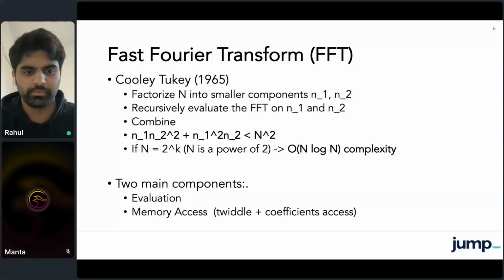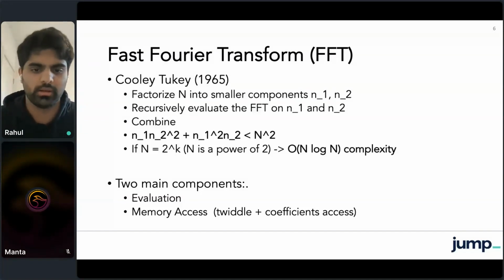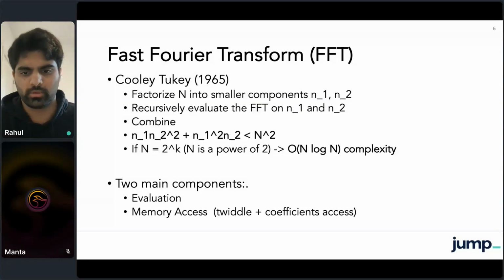You can see that the complexity is reduced. If you set n to be a power of 2, then you get n log n complexity, and that's the asymptotic improvement that you get in the long run. That was largely responsible for a variety of things. Obviously the birth of digital signal processing likely would not have been possible without FFTs.